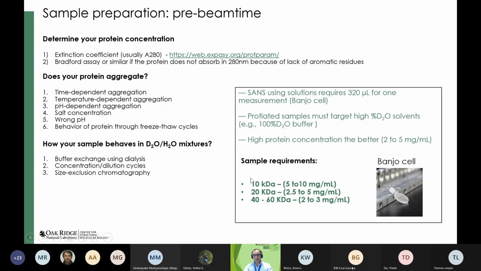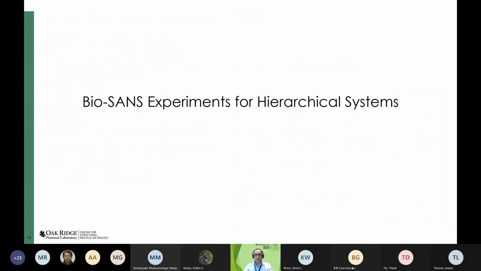Here I put some numbers that are in the range that I have been seeing, where we have collected good data. But each case is a case, so please talk to us, and we can help you design your SANS experiments. Now I'm going to hand over to Manju, who is going to give you the talk about hierarchical systems.